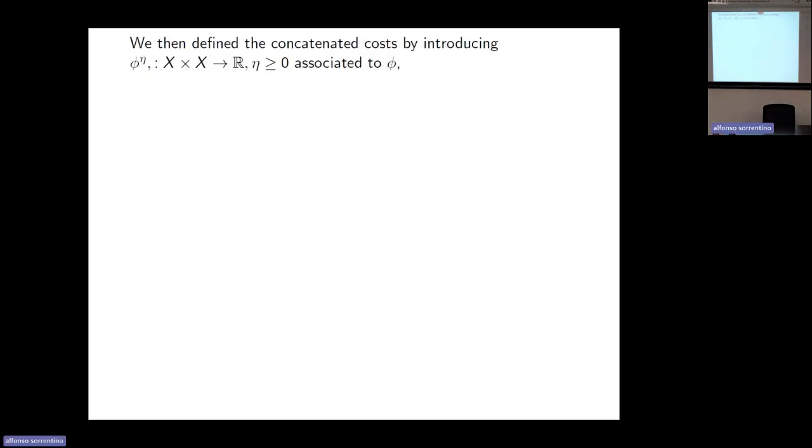Okay. Now, we then define the concatenated costs for eta positive, non-negative, I should say. I allow eta equals 0. And in the following way, a chain is a sequence of points with at least 2 points.